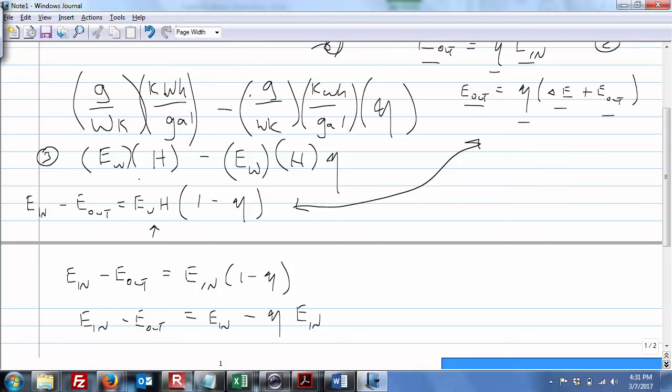So I took this variable, brought it down here, took this one, which is the same variable, put it here, and that becomes 1 minus eta, and that is the loss. This is the delta E, which is what you calculated.